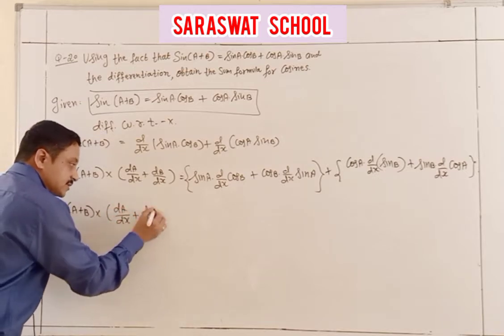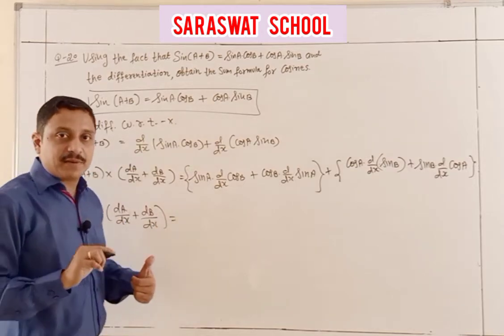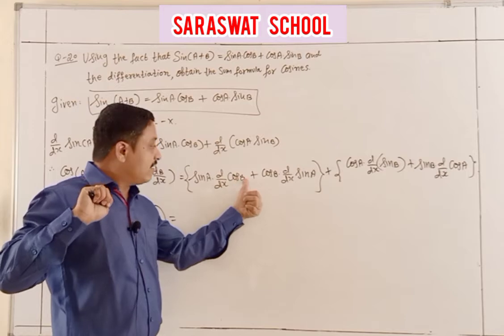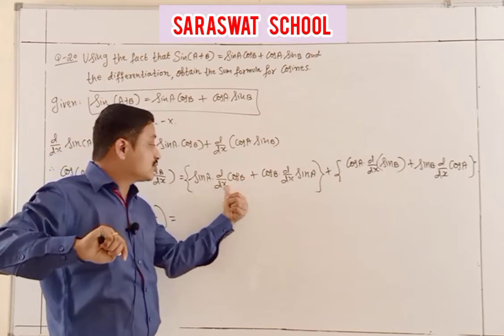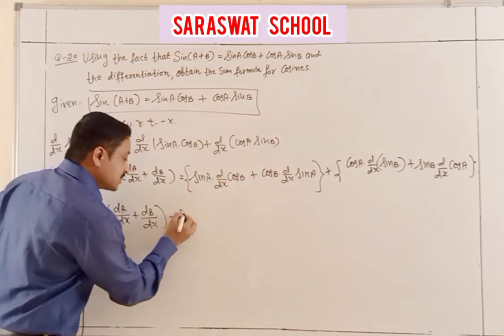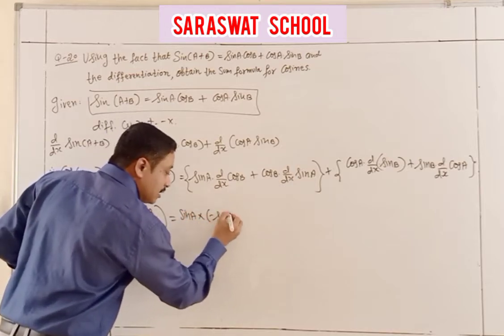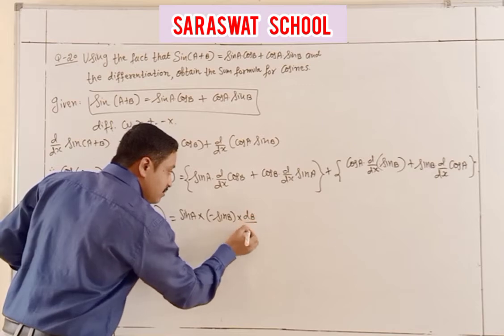plus dB/dx), and here, students, now apply the chain rule. The derivative of cos B first, after that the derivative of B with respect to x. So sin A times minus sin B, and B's derivative dB/dx.